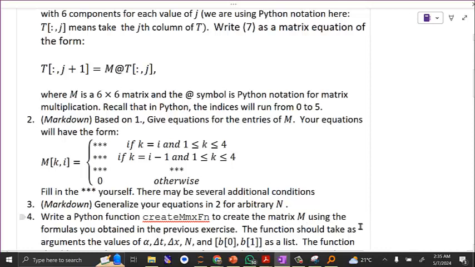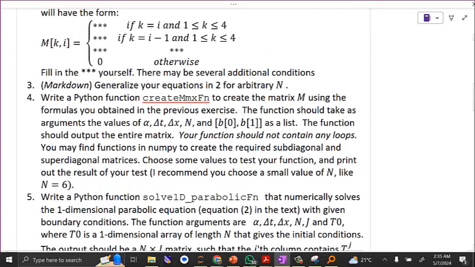Okay. So that will do it. I just want you to do parts 1, 2, 3, 4. I think that will be enough. I don't want to overload you on the last week. The first 3 are markdown, and the last one is a code cell. So you can put this all in a single Jupyter notebook.